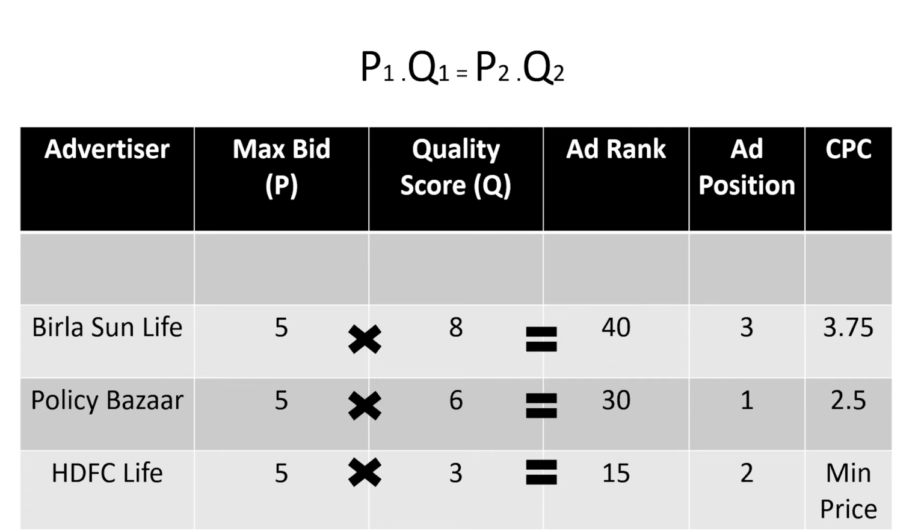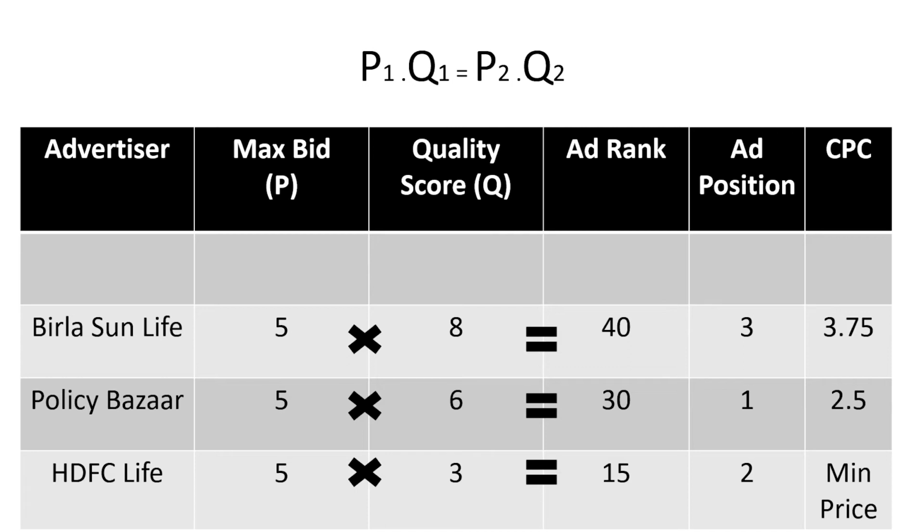Now let's find out what is the cost per click that an advertiser has to pay. Again, let's take an example where there are 3 ad spots and there are three advertisers: Birla Sun Life, Policy Bazaar, HDFC Life, and the bid price is determined by P, quality score, by Q, right?